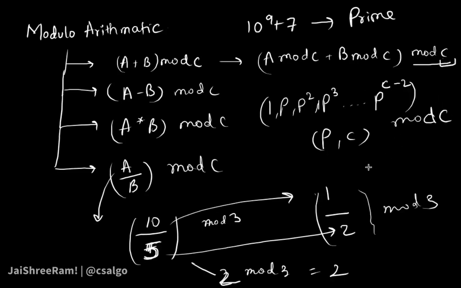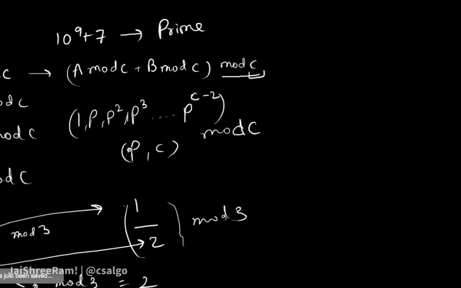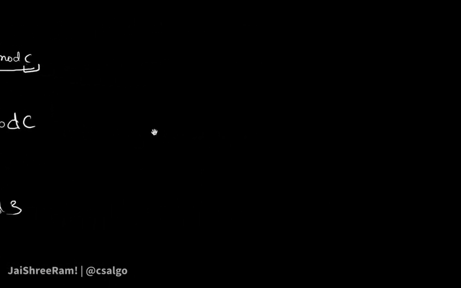Now even if we have a prime, how do we find this division? Let's look at that. What we want to find out is a by b.